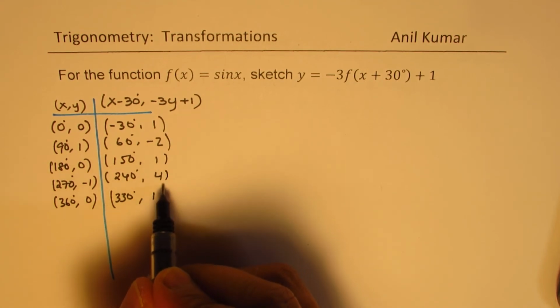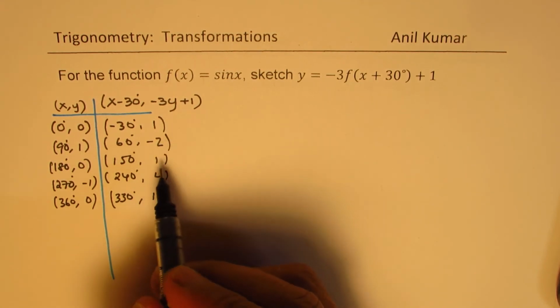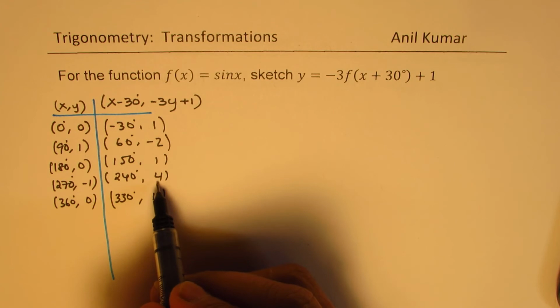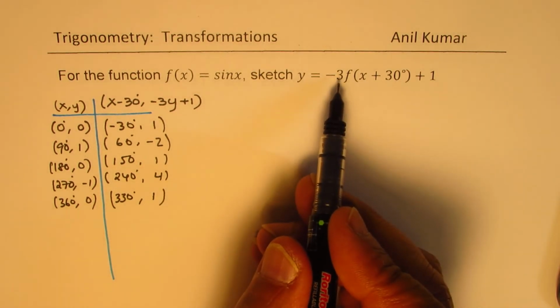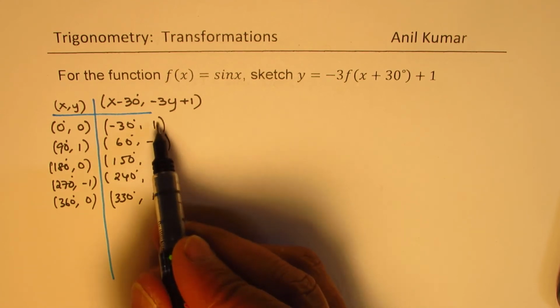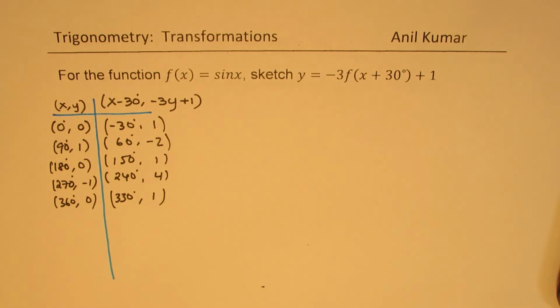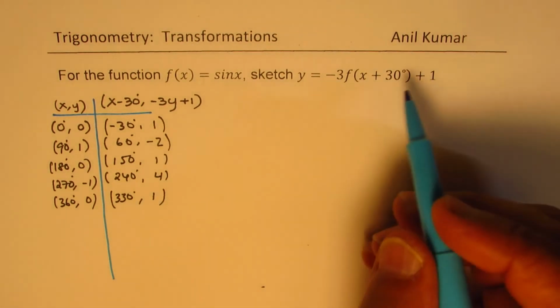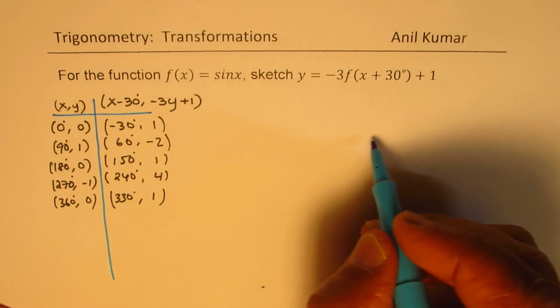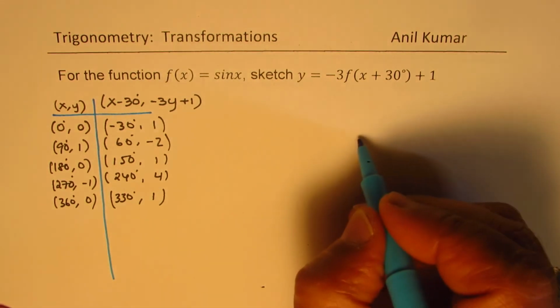So what you notice here is that the range is from minus 2 to 4. And the amplitude basically is my 3 units, right, between the axis of 1 and the maximum value of 4. So that gives you the amplitude, correct?